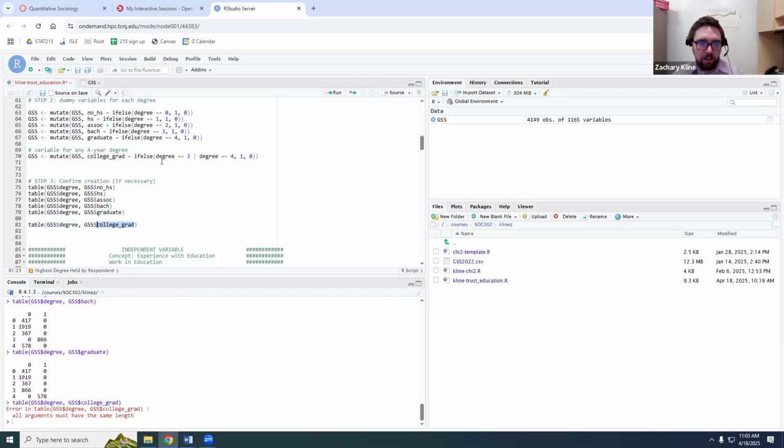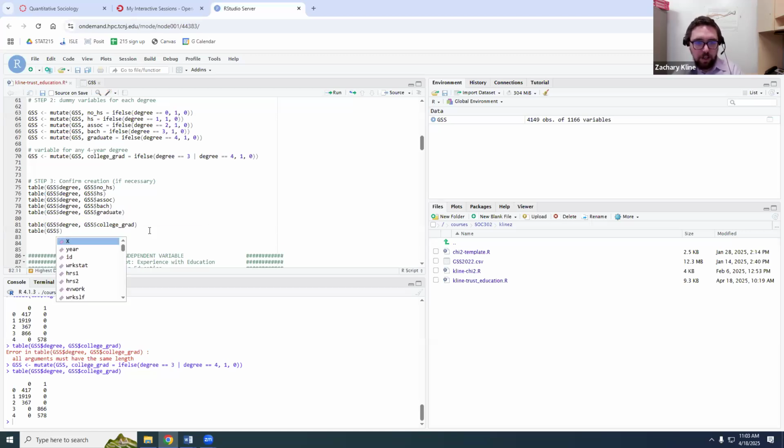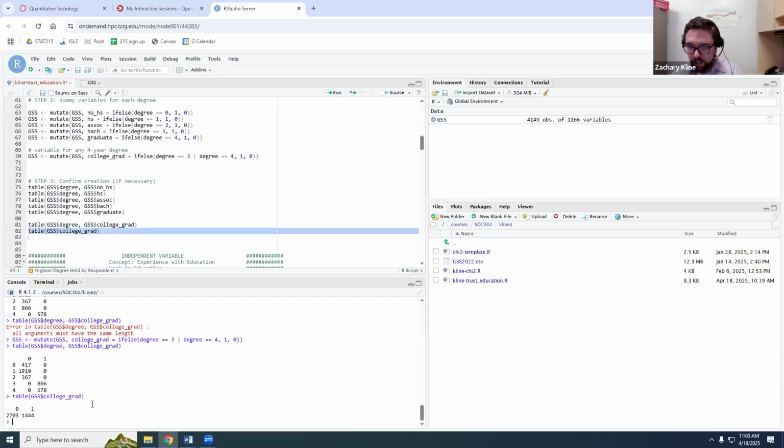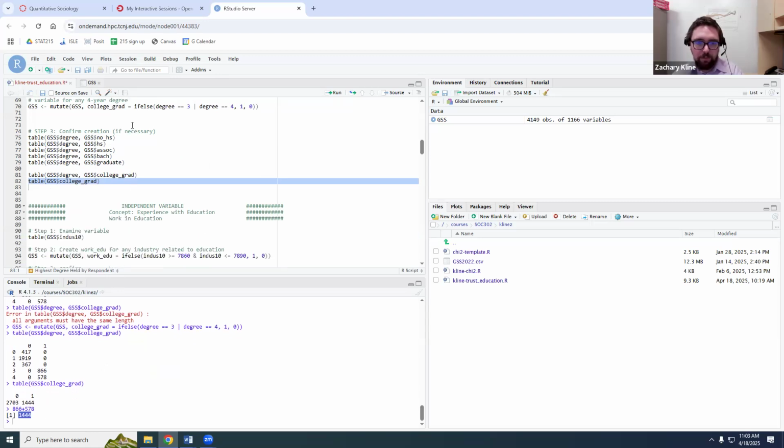And we see that. I didn't run this one yet. Right here, these 866 people with a bachelor's degree have a value of 1 for college grad, and these 578 respondents have a value of 1 for college grad. So if we were to do another table with just college grad, we'll see that 866 plus 578 people have a 1 for college grad.